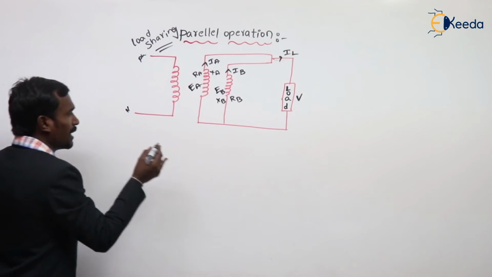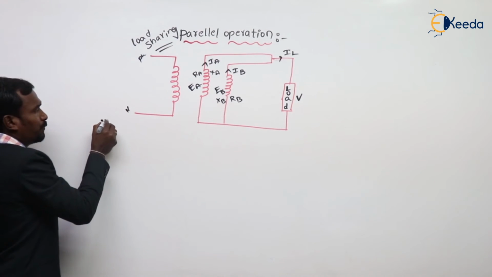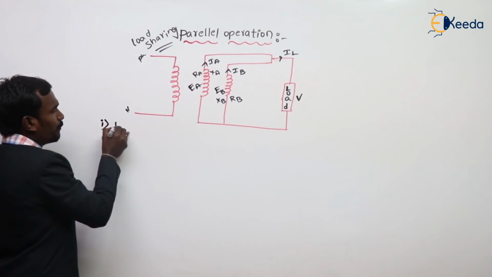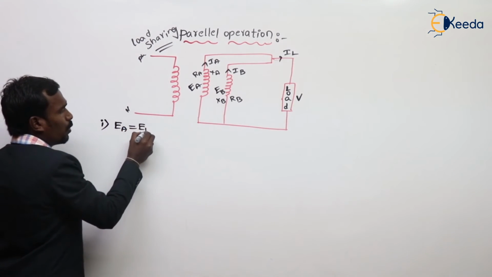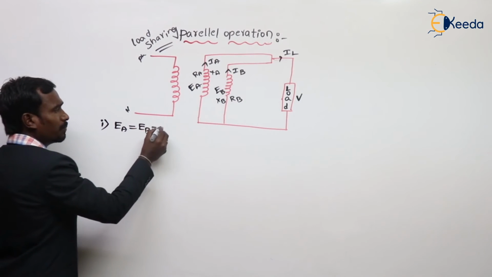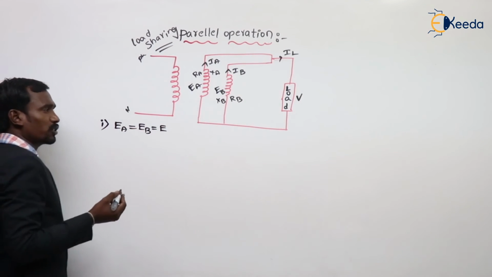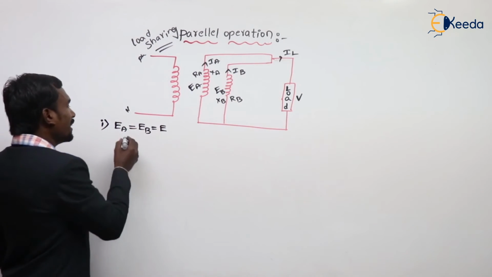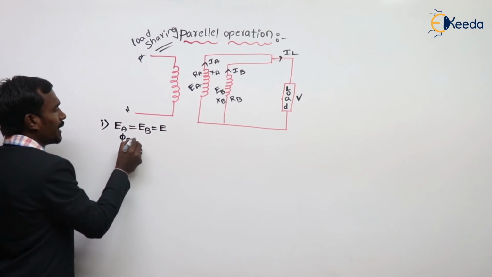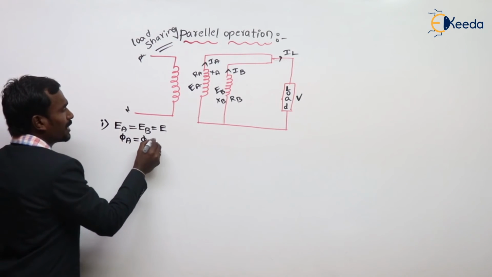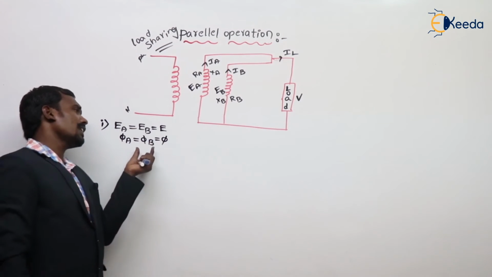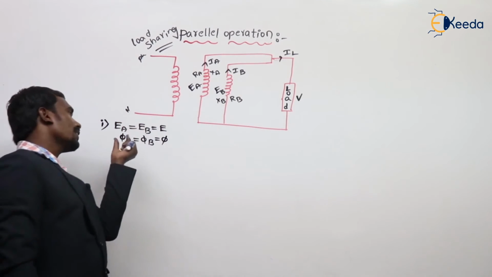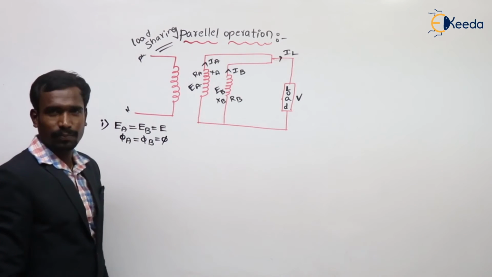In this parallel operation, we have three cases. In the first case, the voltage ratios are the same, nothing but EA equals EB equals E, and the X by R ratios are also the same. If the X by R ratios are the same, nothing but the power factor is the same, the angles are the same.